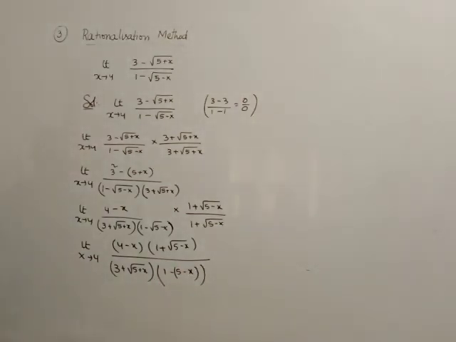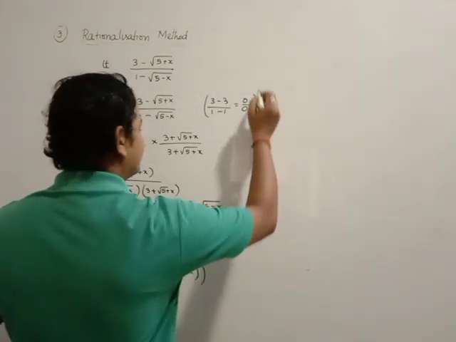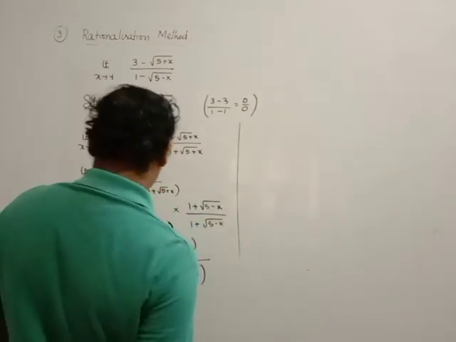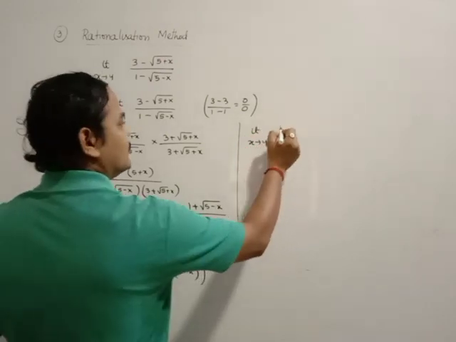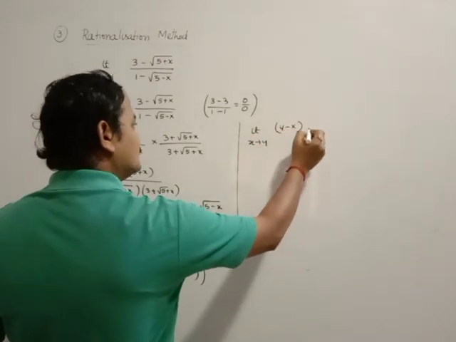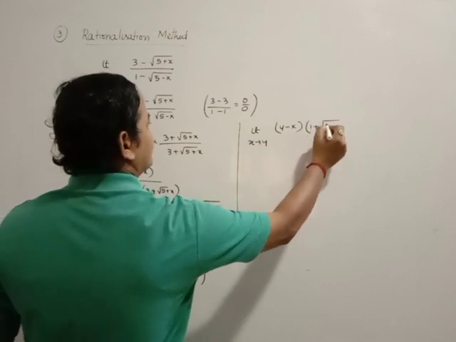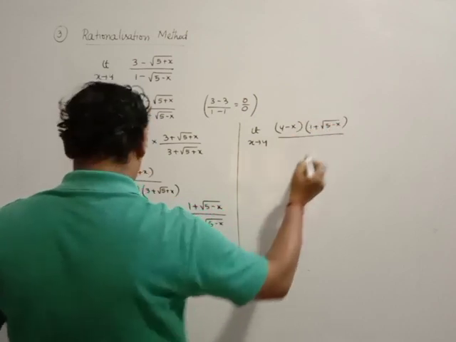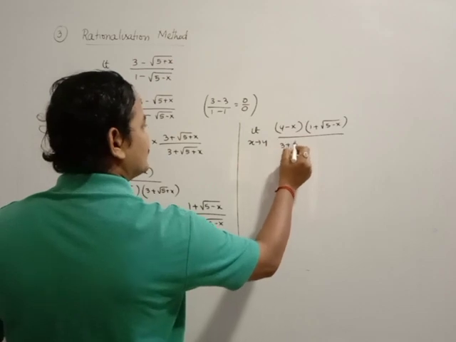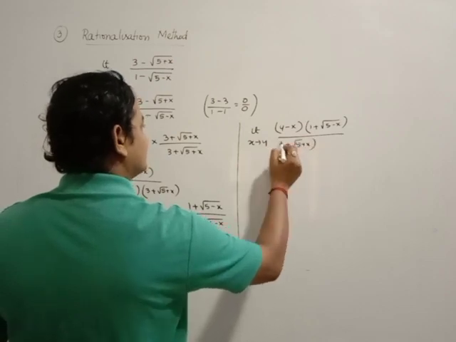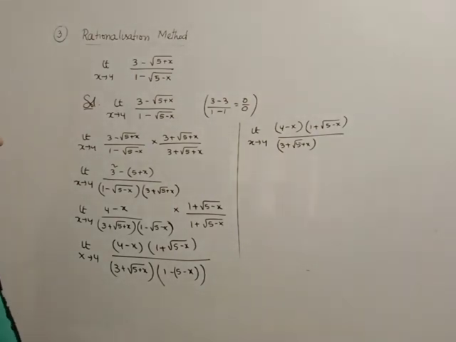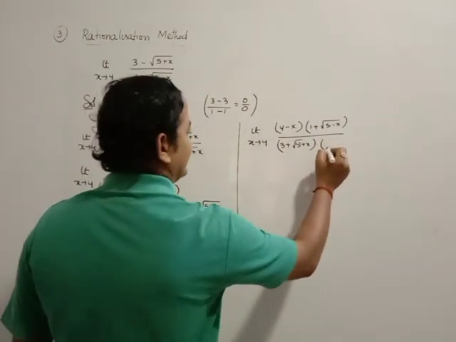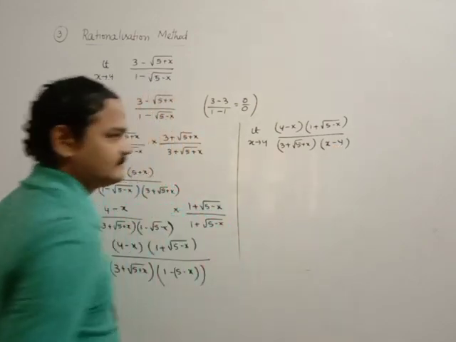So what is the next step? I can write here limit x tends to 4, (4 minus x) into (1 plus root over 5 minus x) by (3 plus root over 5 plus x) into, 1 minus 5 is minus 4, minus a minus plus, that means x minus 4.